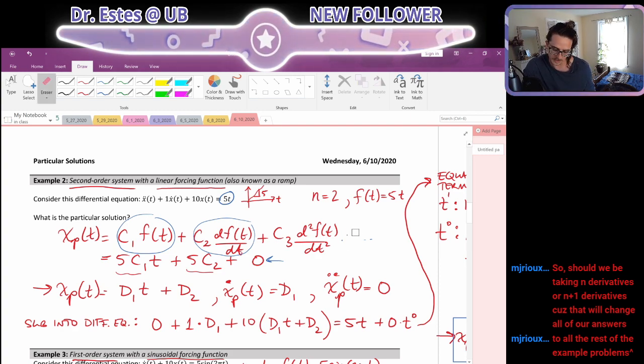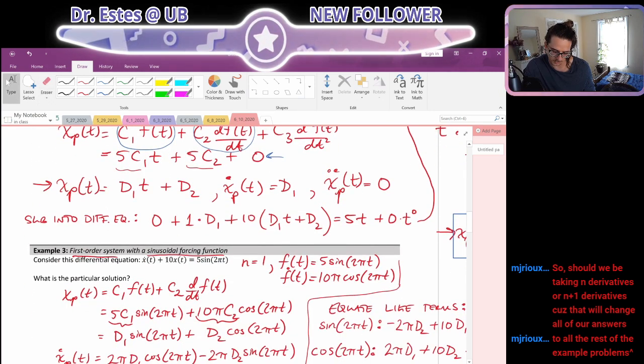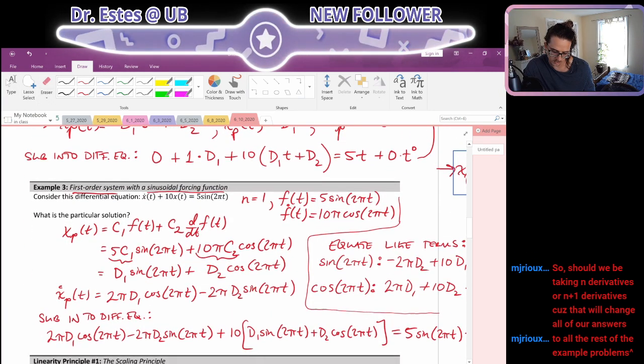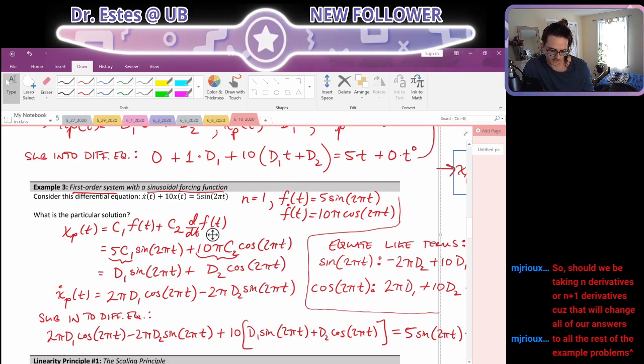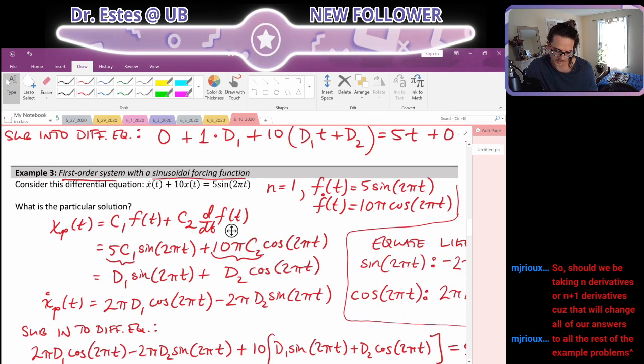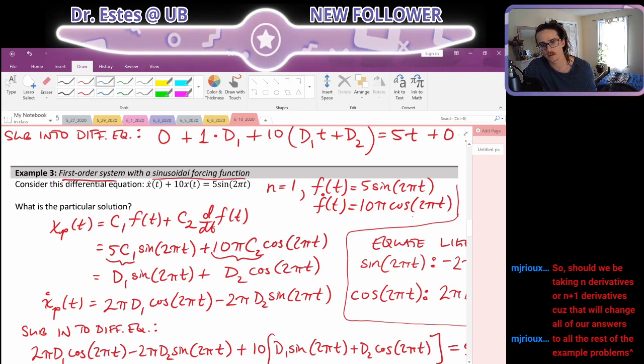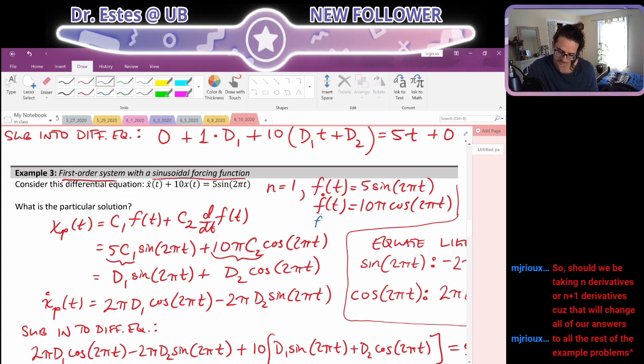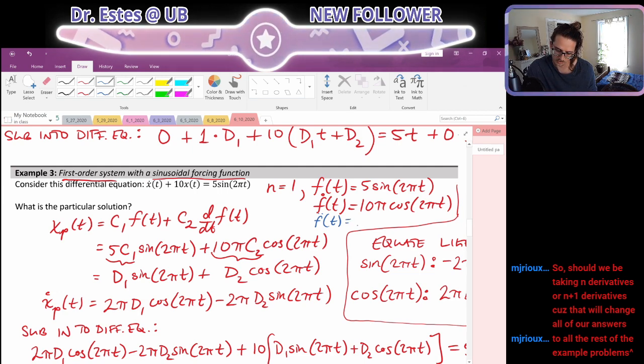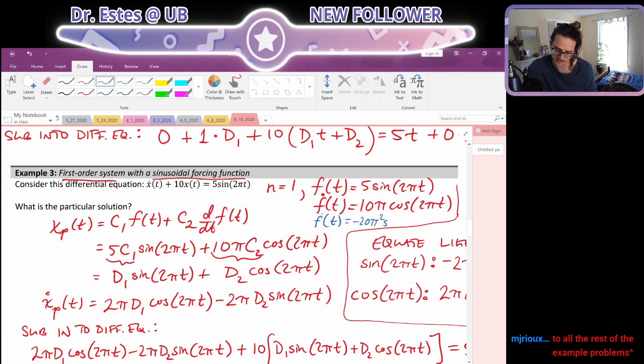And I think that for this problem, we could take another derivative, but if we did, we'd get back another sine term. So what I'm saying is, let's say we went to the n plus 1th derivative, we'd get minus 20 pi squared sine 2 pi t.